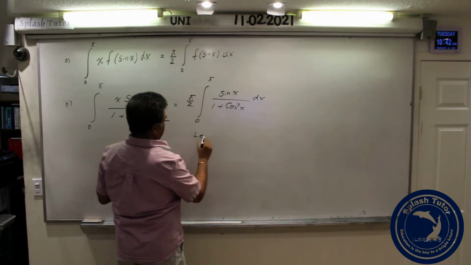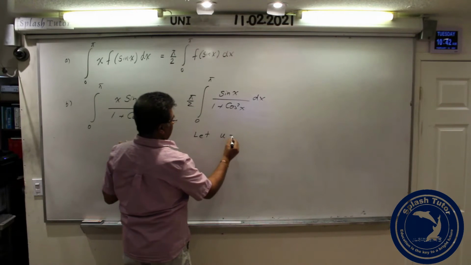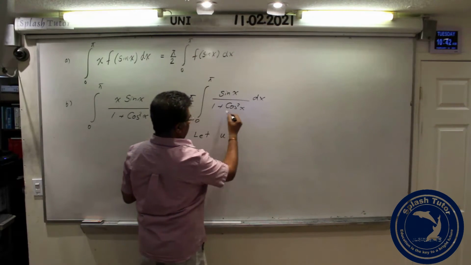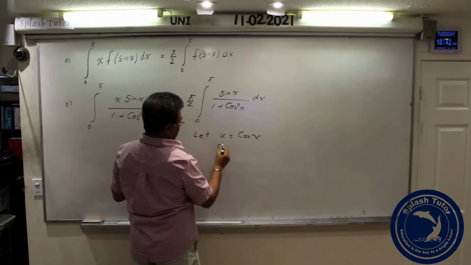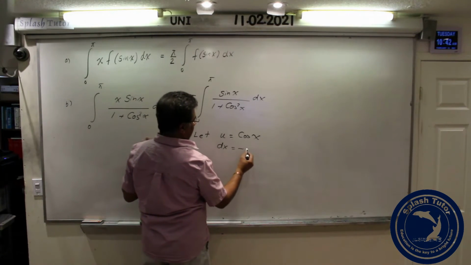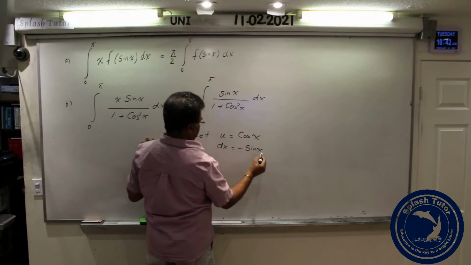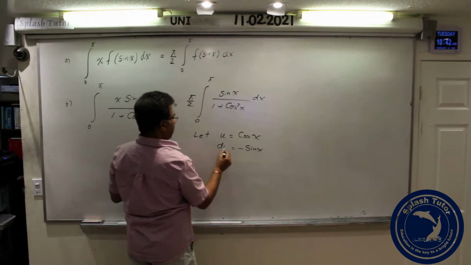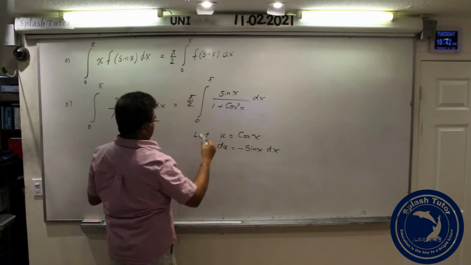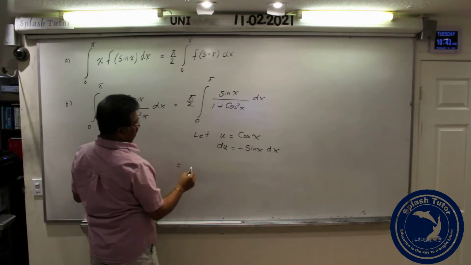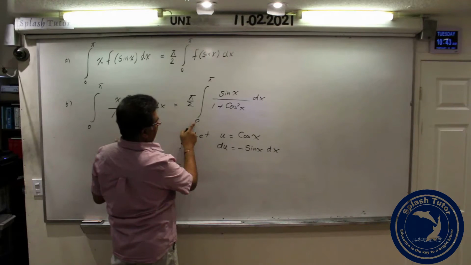Now we need to do u substitution, right? So let u be cosine x, then du is equal to minus sine x dx. Now that means this one can be written in terms of u.